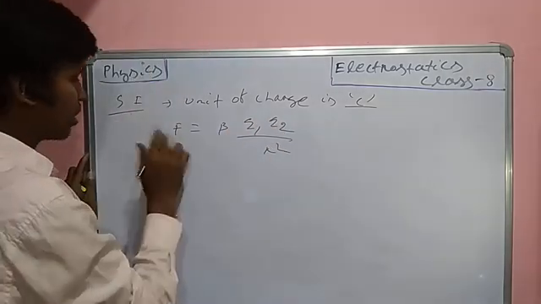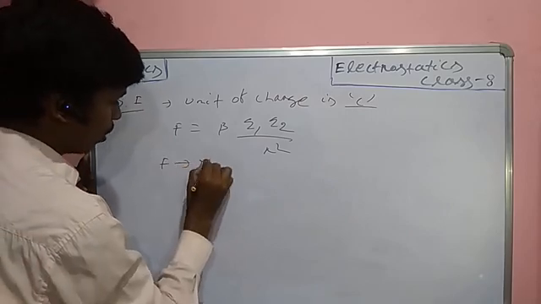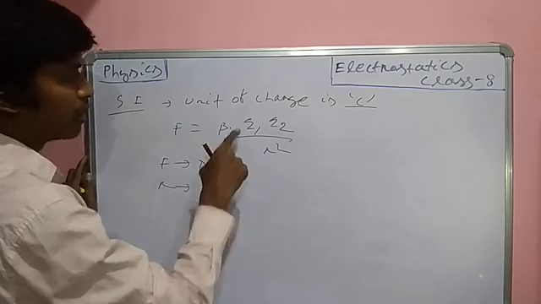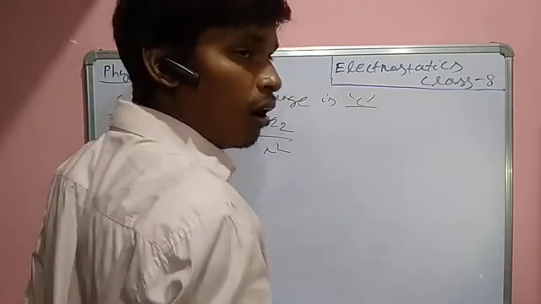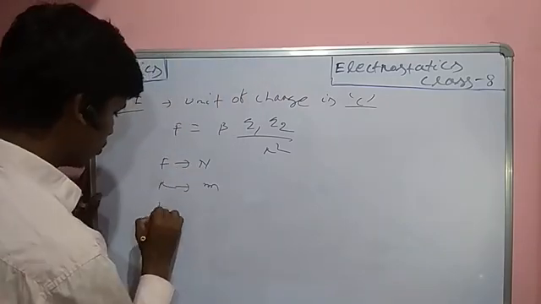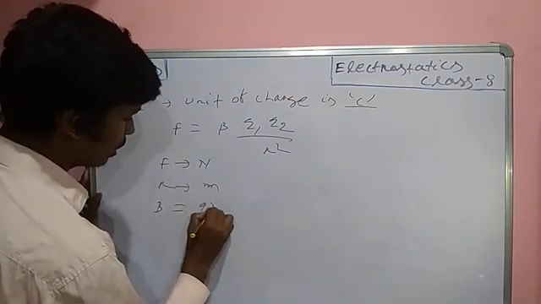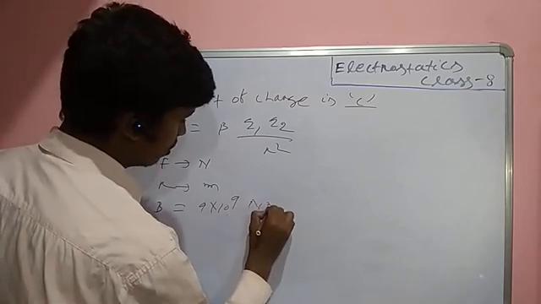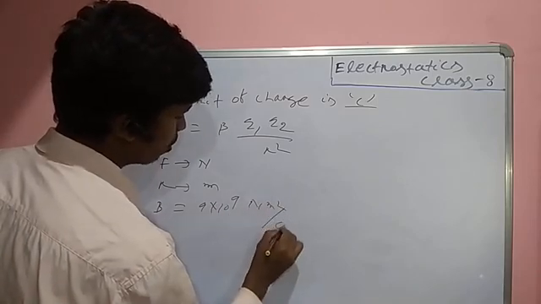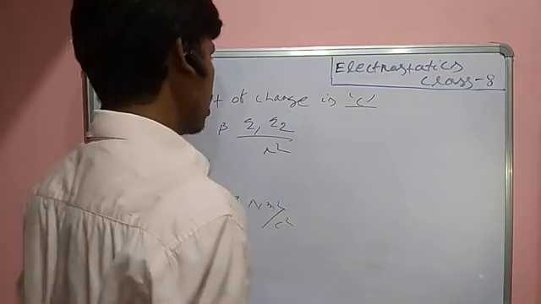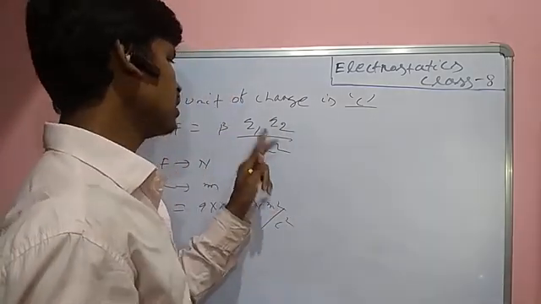Suppose in the SI system force is in newton, R in meter, and Q is in coulomb. The value of beta is equal to 9 into 10 to the 9 newton meter square per coulomb square. What we have to do? We have to find the coulomb.